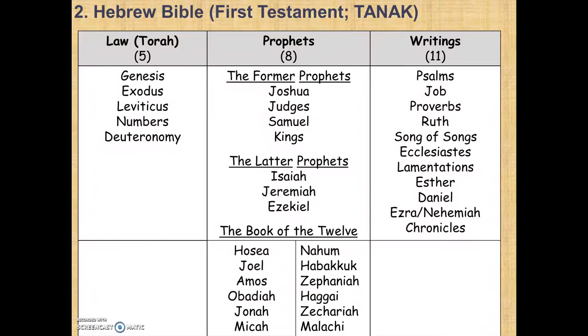Are they primarily history books, or are they primarily prophetic books? So it changes your expectation of a book to know what kind of genre it is.